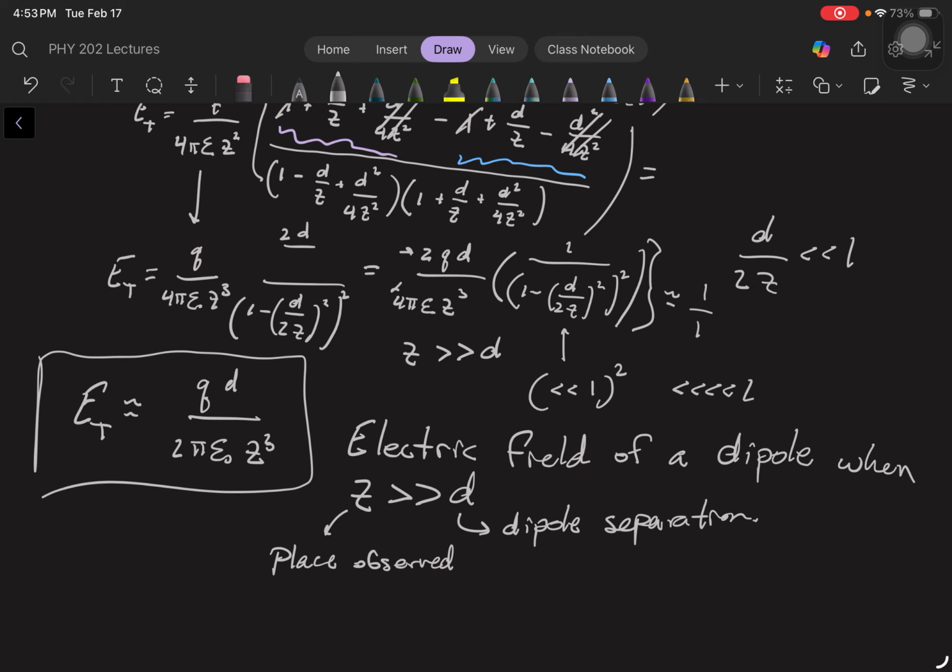All right, and so if you're observing from much further away than dipole separation, this turns out to be true.